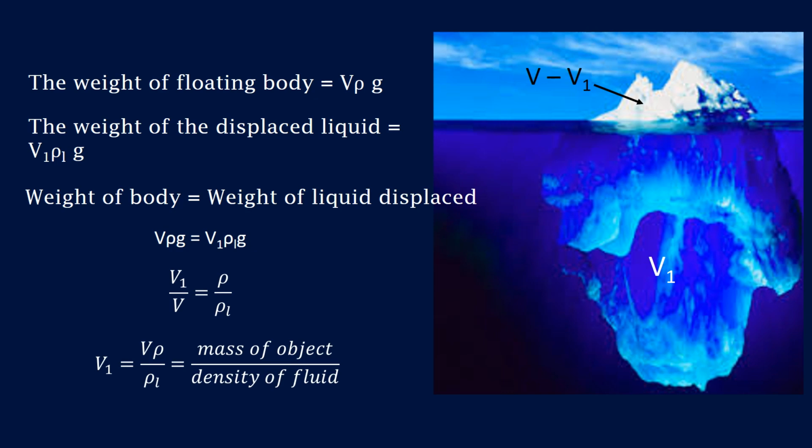For the body to float, the weight of the body equals the weight of the liquid displaced. Therefore, V rho g equals V1 rho L into g. On simplifying further, we get V1 equal to V rho upon rho L, as V into density is equal to the mass of the object. Therefore, V1 is equal to the mass of the object divided by the density of the fluid.